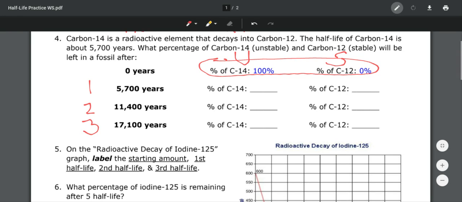All unstable isotopes become stable. So after one half-life, I have 50% still unstable, which means it's 50% stable. After 2 half-lives, I'm down to 25%, which means the amount of carbon-12 in the sample is 75%. And we can keep going. So 12.5, that would make this 87.5.